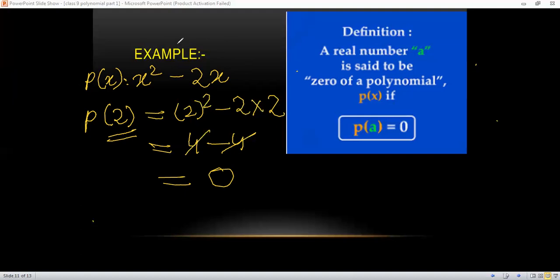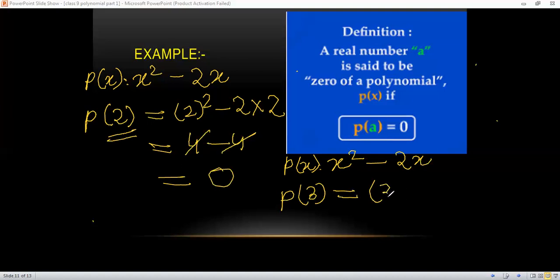For every case, we will not get 0. Suppose at the place of x, I take 3. For x square minus 2x, if I take 3, then 3 square minus 2 into 3. So what will I get? 9 minus 6 is equal to 3.